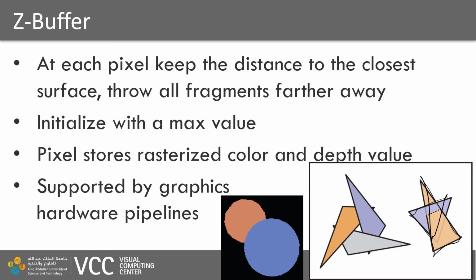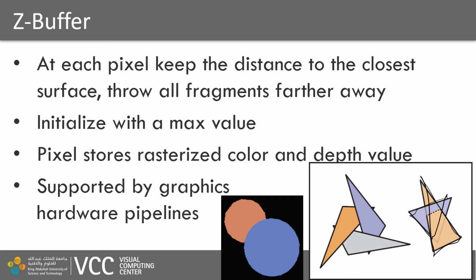Because of this, and because of the simplicity of brute force approaches, the Z-buffer technique became very popular. A Z-buffer technique is simply a screen coordinate grid which stores the closest depth for a particular pixel.